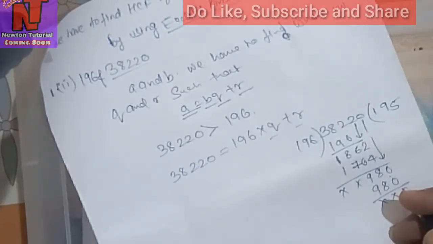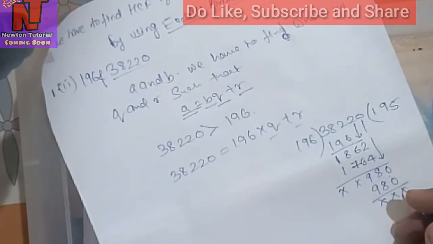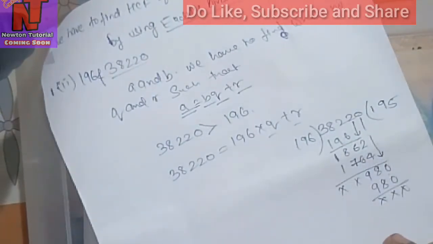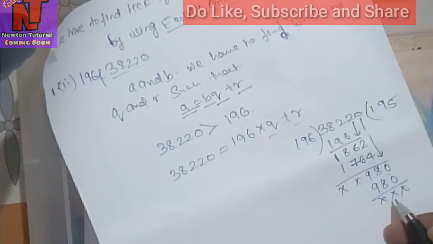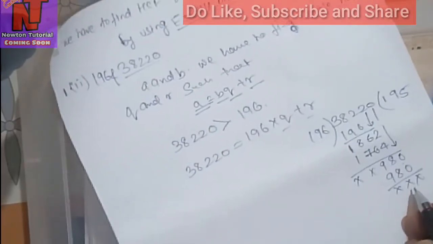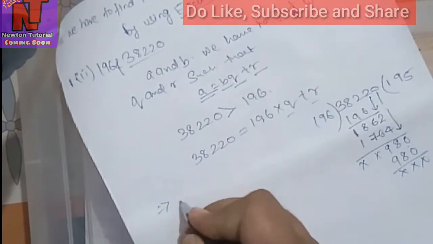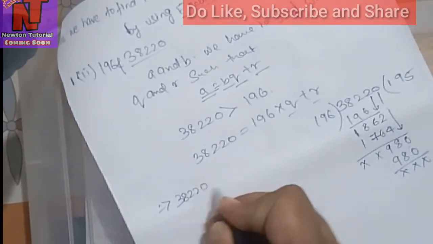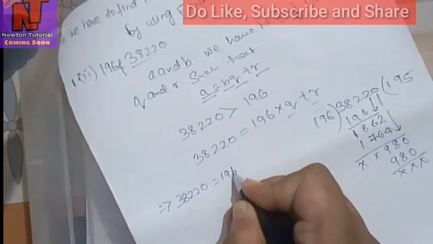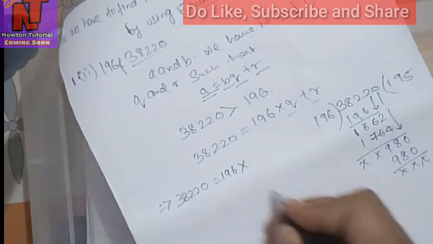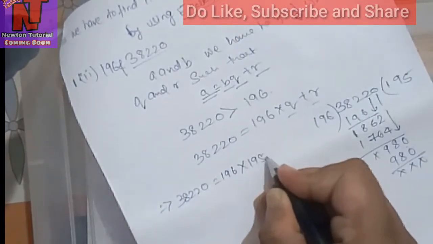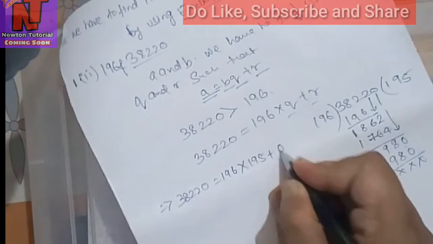So from the initial step only we can find the SCF of these two numbers, because in the first step only we got the remainder 0. So we will write like this: 38220 is equal to 196 into 195 plus remainder, which is nothing but 0.